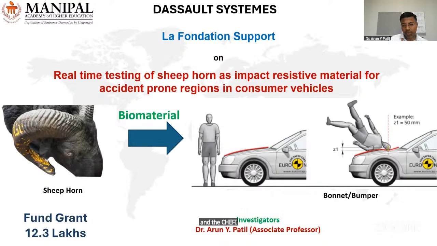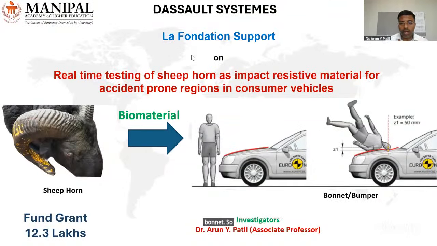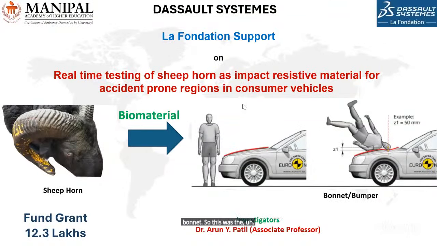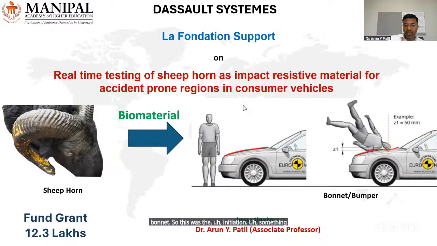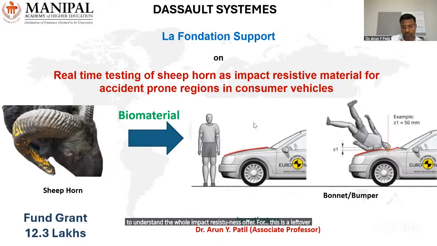So you have to make sure how to reduce the weight of the bonnet. This was the initiation, the topic I considered to understand the impact resistance of a material, since this is a leftover waste material which we wanted to explore.